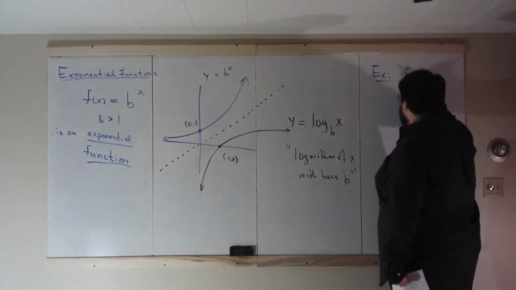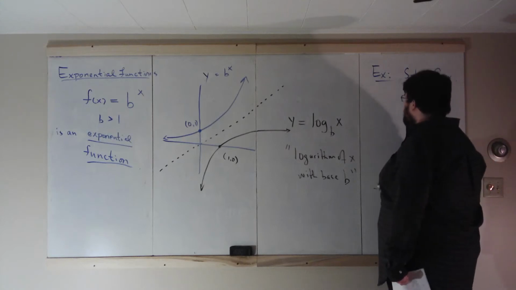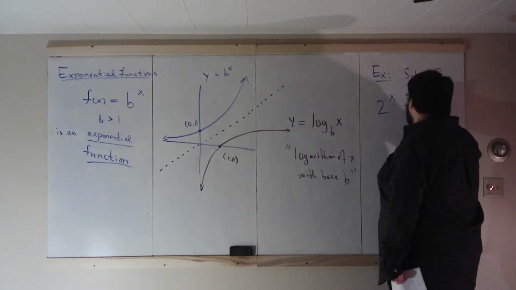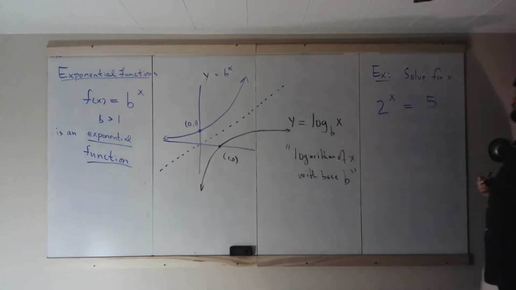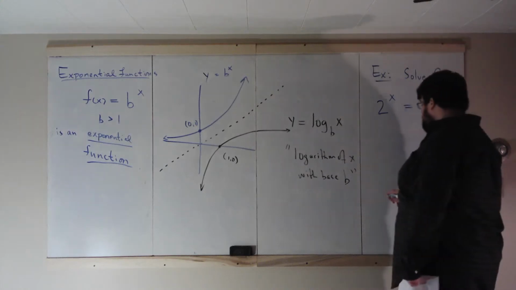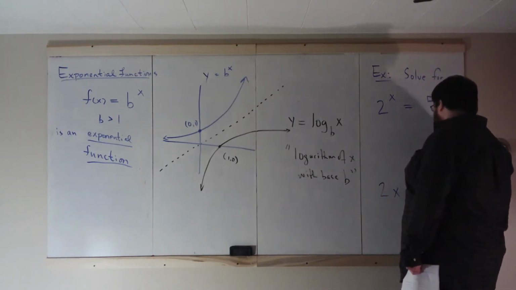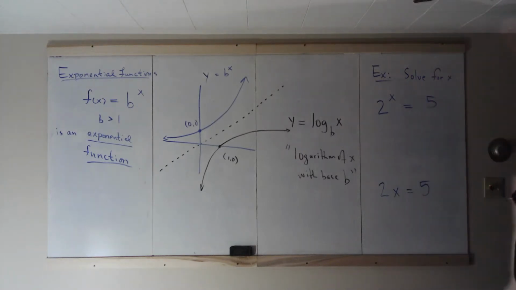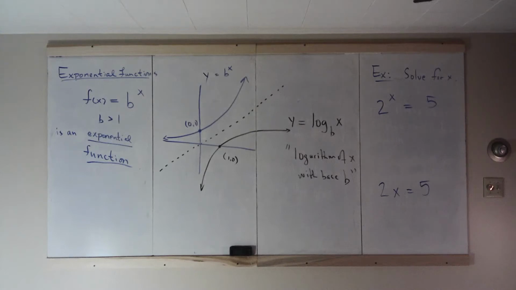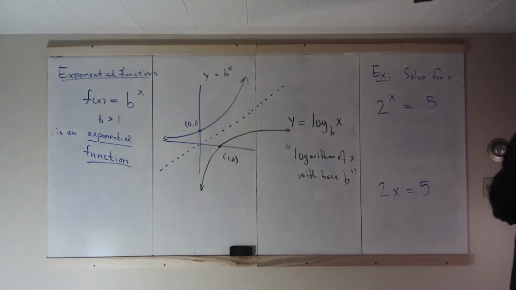Solve for x. 2 to the x equals 5, first example. 2 times x equals 5, second example. And let's do the second example first. Second example arguably is easier than the first one.